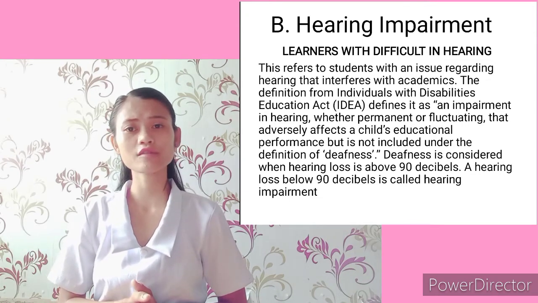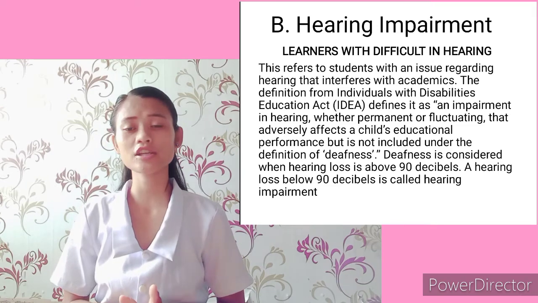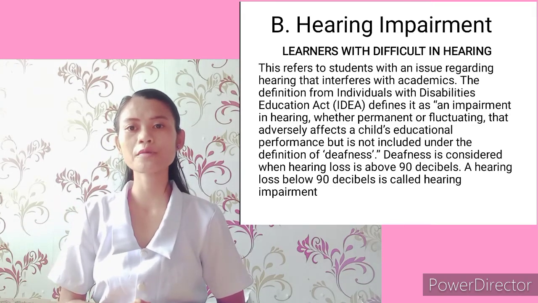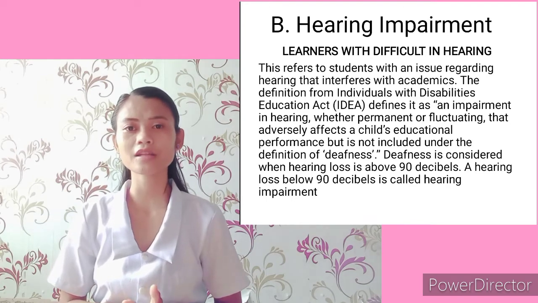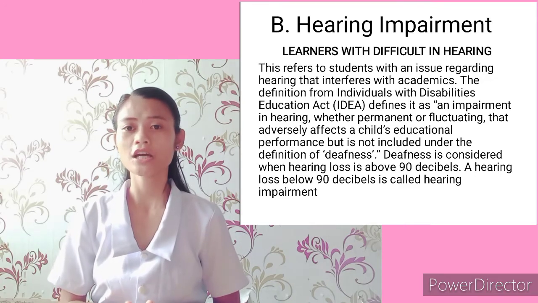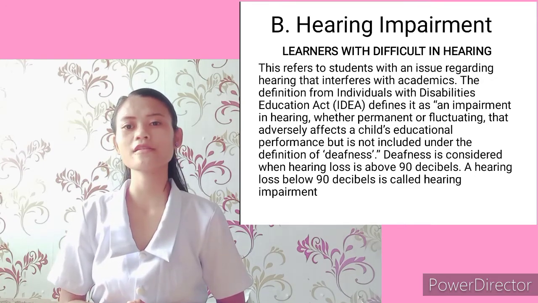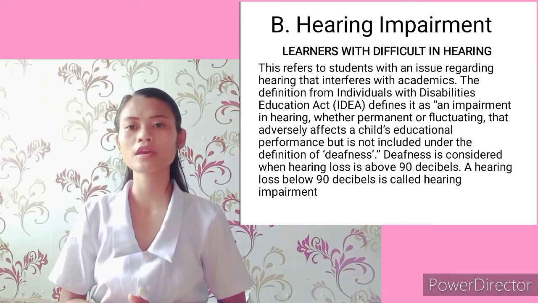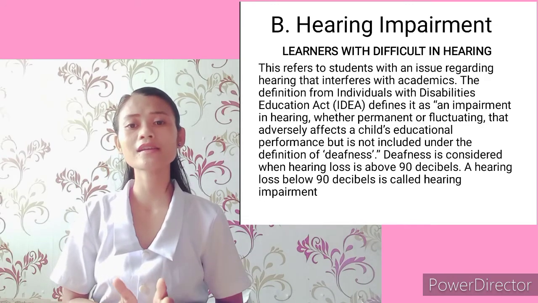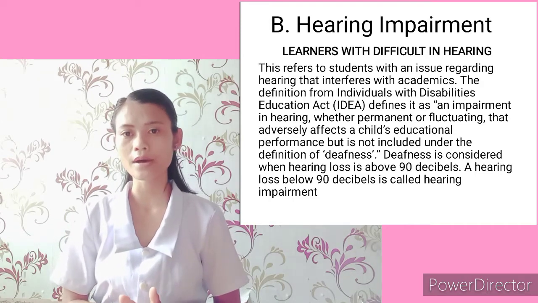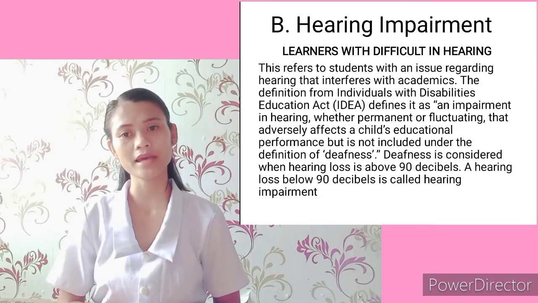The definition from the Individuals with Disabilities Education Act, IDEA, defines it as an impairment in hearing, whether permanent or fluctuating, that adversely affects a child's educational performance, but it is not included under the definition of deafness. Deafness is considered when hearing loss is above 90 decibels. A hearing loss below 90 decibels is called hearing impairment.